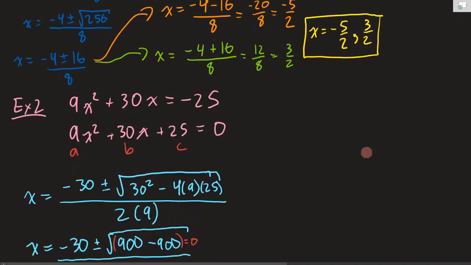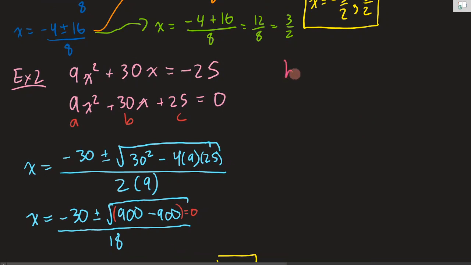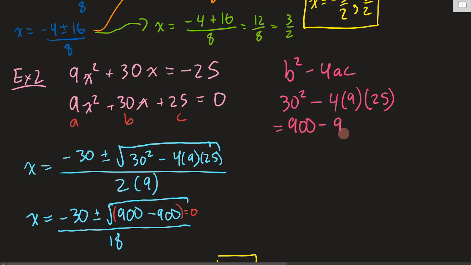Let's try our next example. Our discriminant, b squared minus 4ac. So b is 30, so 30 squared minus 4 times our a value of 9 and our c value of 25. This is 900 minus 900, which is 0.